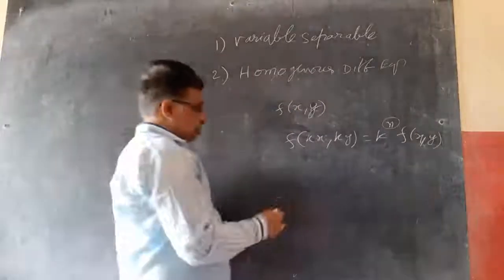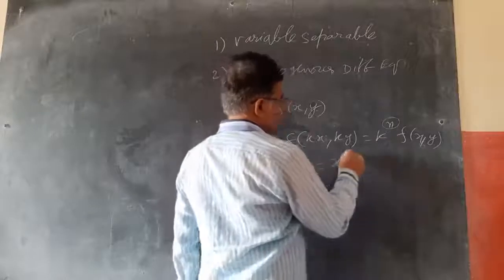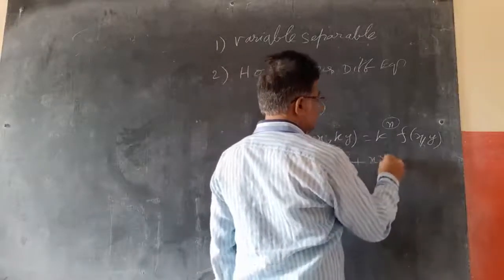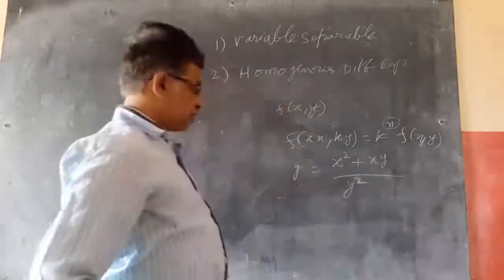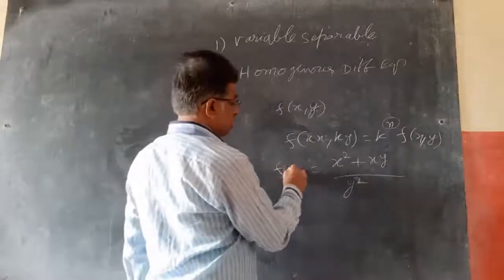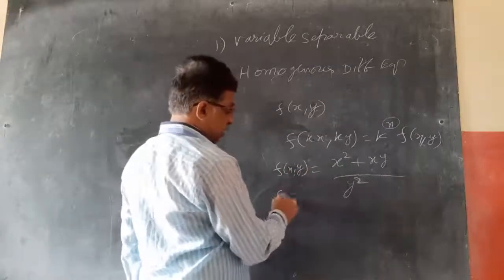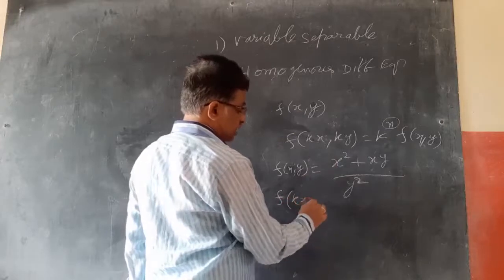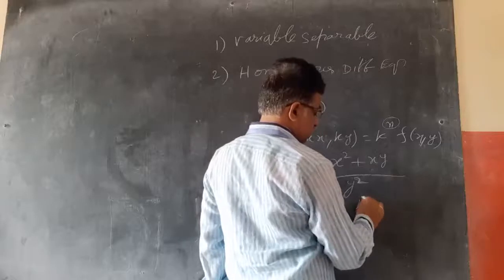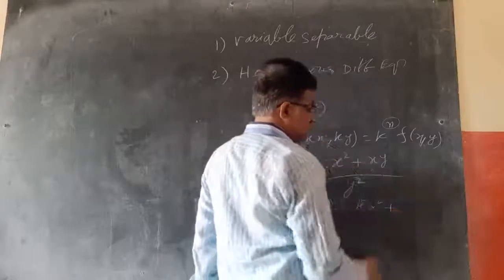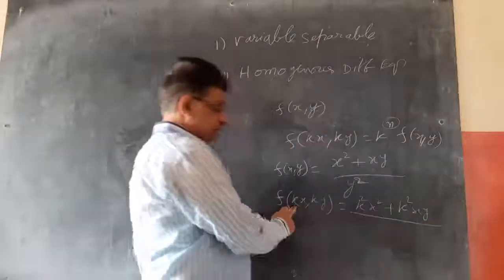For example, if there is an equation f of x comma y equal to (x square plus xy) by y square. Now, if you take f of kx comma ky, what happens? Wherever x is there, I am substituting kx.